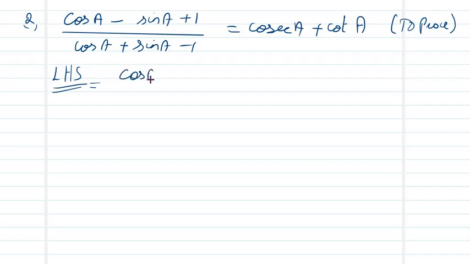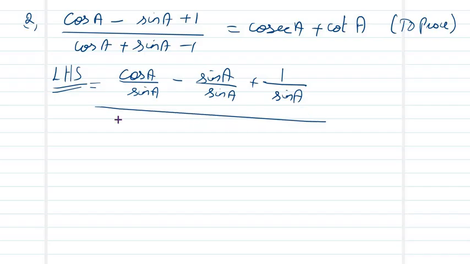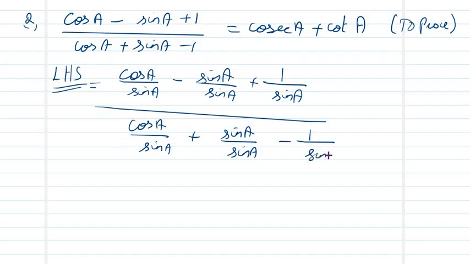Which is cos A by sine A minus sine A by sine A plus 1 by sine A, divided by cos A by sine A plus sine A by sine A minus 1 by sine A. Every term in the numerator and the denominator I have divided by sine A. Now let us see how we can do the simplification.